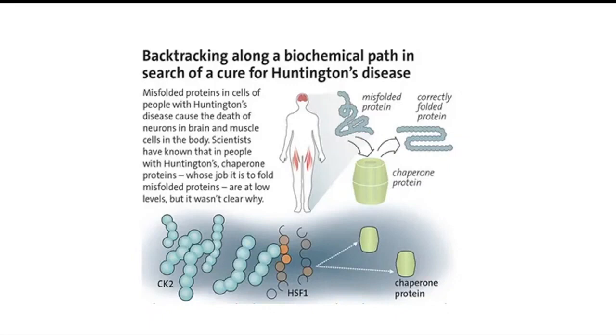It causes misfolded proteins, and they cause death of neurons in the brain and muscle cells in the body. Scientists have known that in people with Huntington's, chaperone proteins, whose job it is to fold misfolded proteins, are at low levels, but it wasn't clear why.